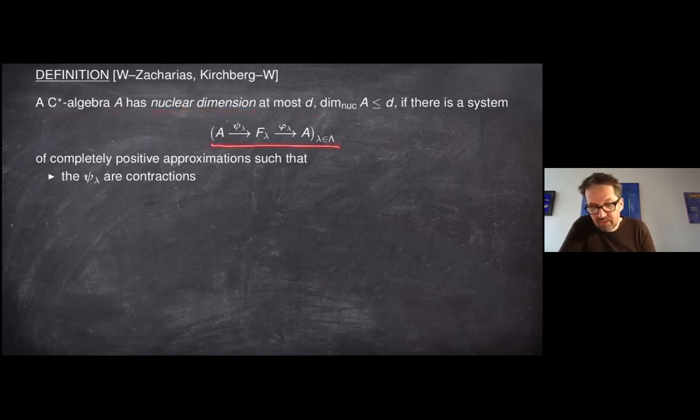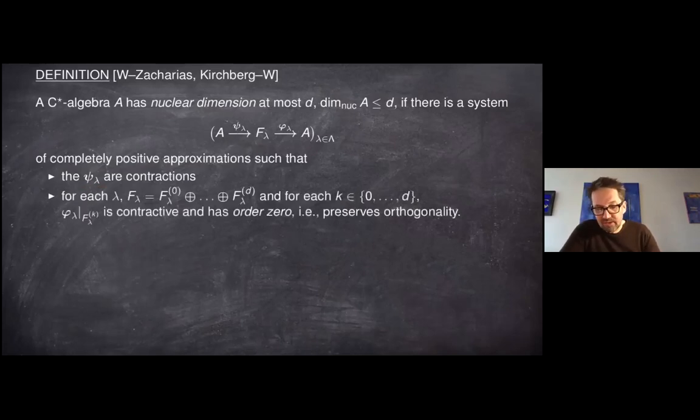There's a system as before, A maps to a finite dimensional C-star algebra F lambda, maps back to A, and there's a net of such things, such that these are completely positive approximations in the sense I mentioned earlier. So in particular, the composition phi lambda psi lambda converges in point norm topology to the identity map on A. But in addition, I want the psi lambda to be contractions, and for each lambda I want to be able to decompose F lambda into d plus 1 summands.